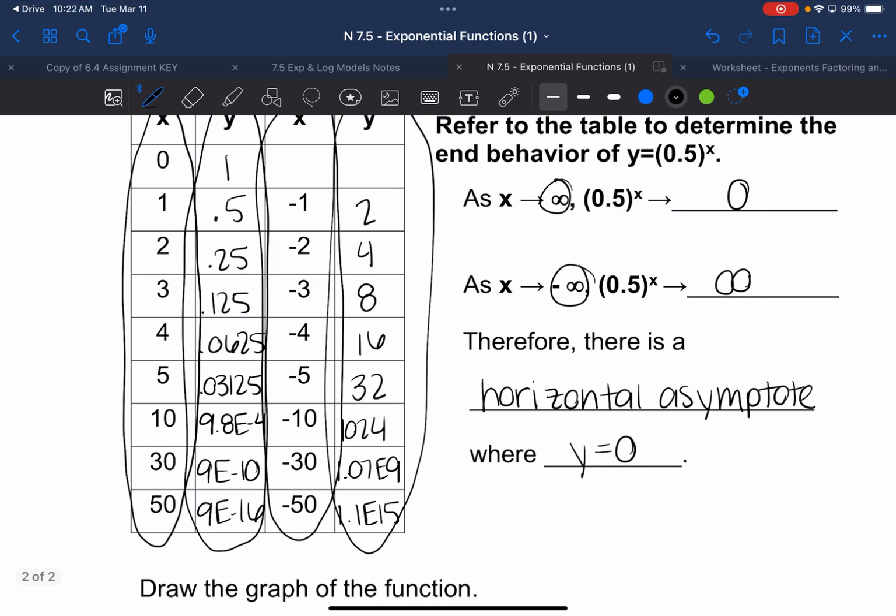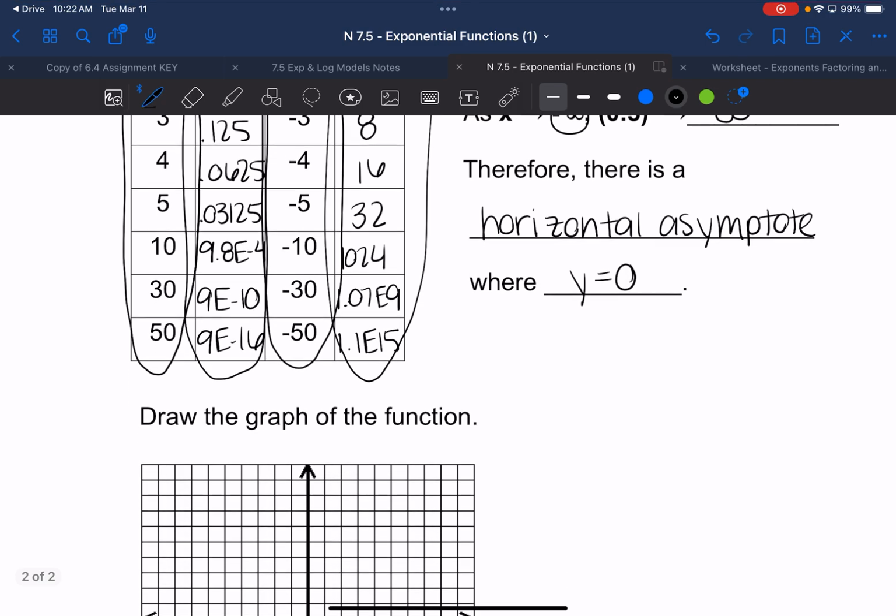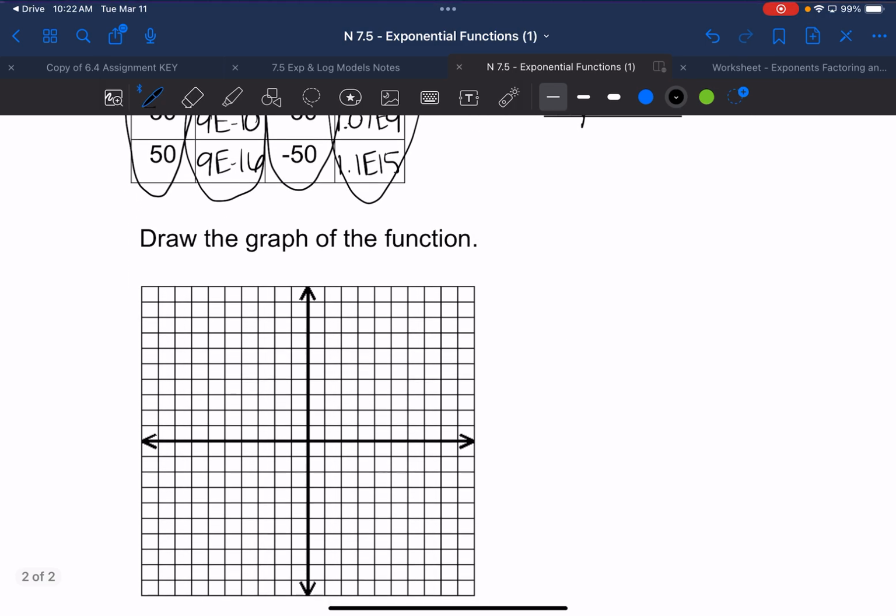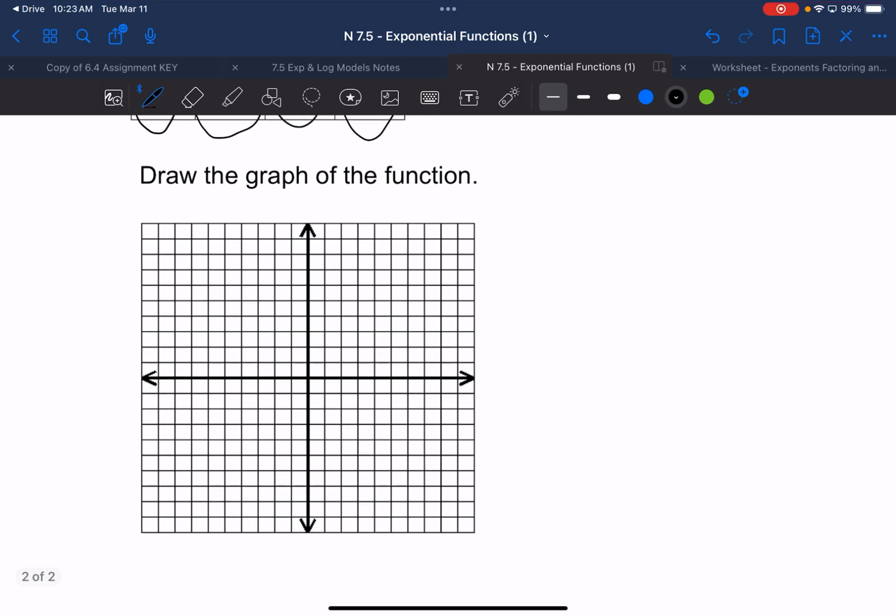Okay. So now it wants us to draw this graph. So again, we can't fit all the points, but we can fit a few. So we would have the point 0, 1, 2, and 0.5, 3, and 1.25 is pretty low. Okay, but then when we go in the negative direction, we got a point at -1, +2.